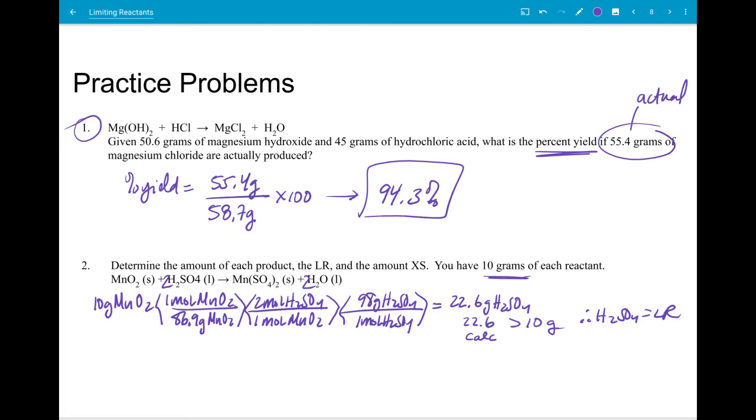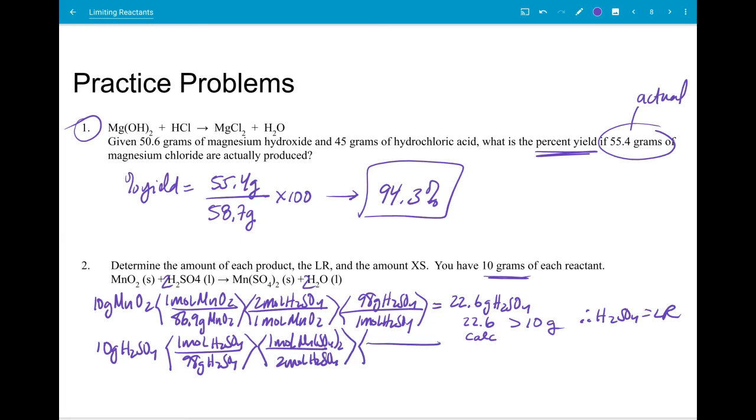Okay, so this one is going to take a little bit of time. We're going to take 10 grams H2SO4, and we're going to use that as the basis of all our calculations. What you'll find is we're just going to change this mole to mole ratio for each part, depending on what we're solving for.